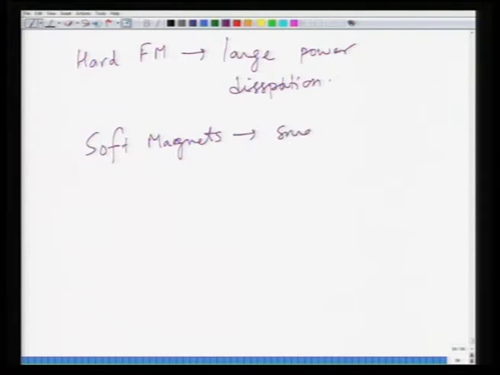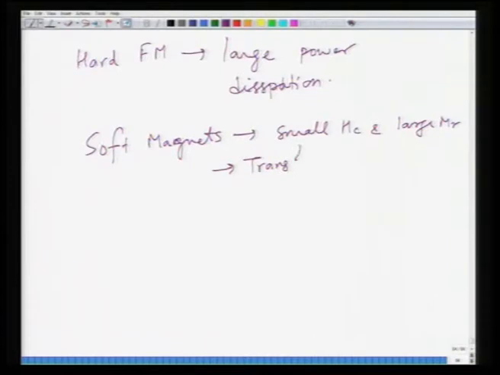The soft magnets, with small Hc and reasonably large Mr, tend to be used in cases where the losses, the power dissipation, must be smaller. As a result, they find applications in transformer cores and motor cores, where the energy dissipation due to AC fields is low.